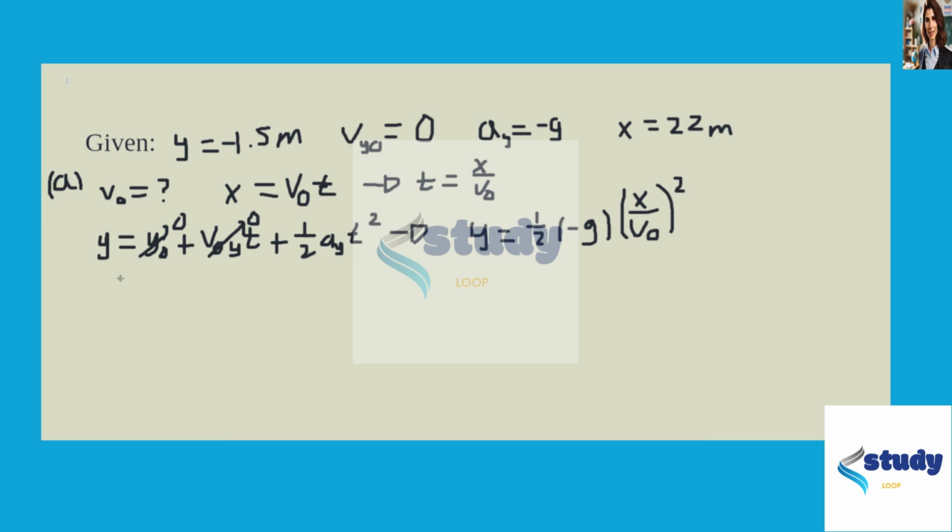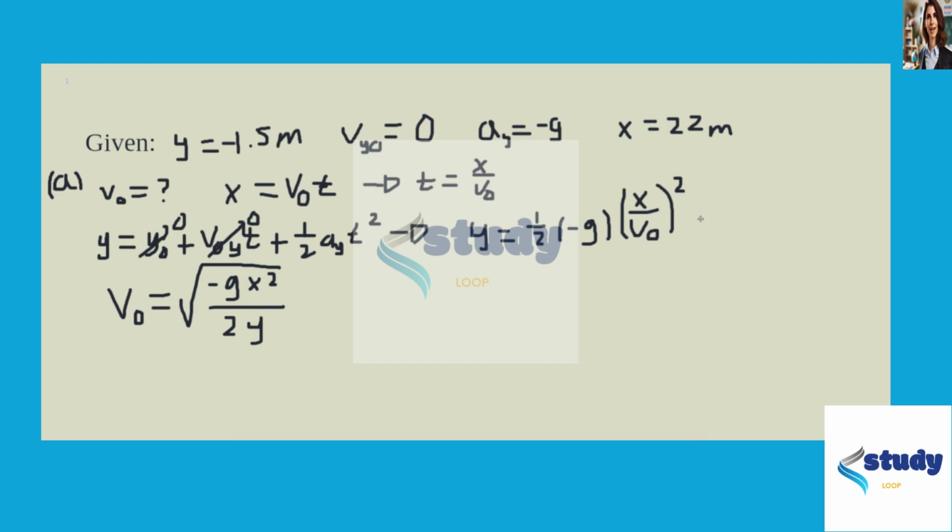Okay, now let's solve for v naught. If we solve for v naught, we end up finding that v naught is equal to the square root of minus g times x squared, divided by 2 times y.